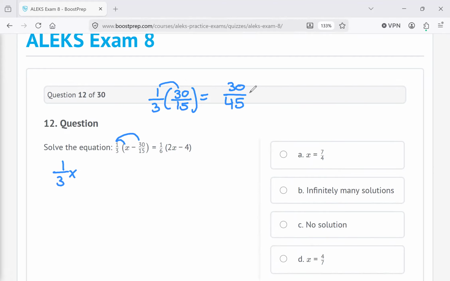Should I reduce this? Why not? Let's reduce this by 5. So 30 divided by 5 is 6.